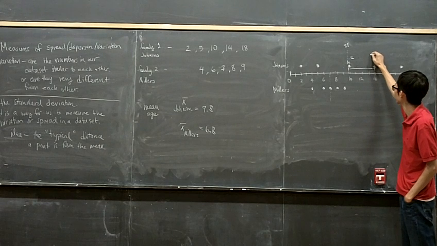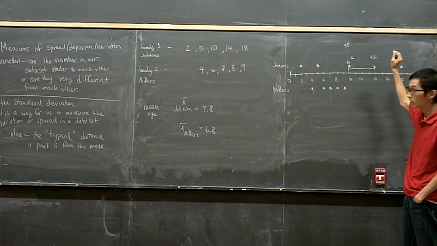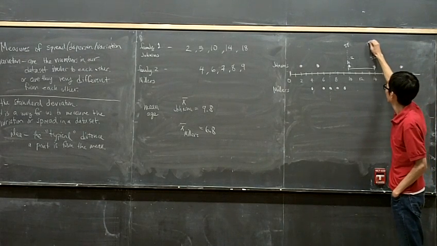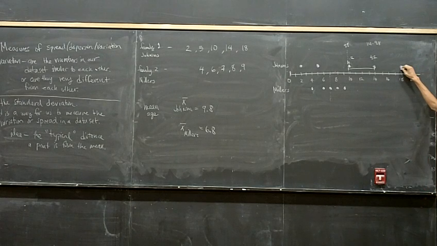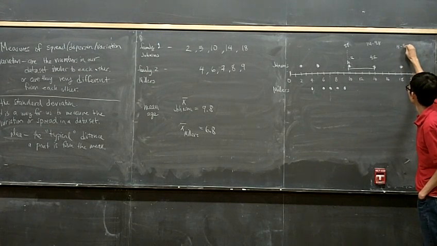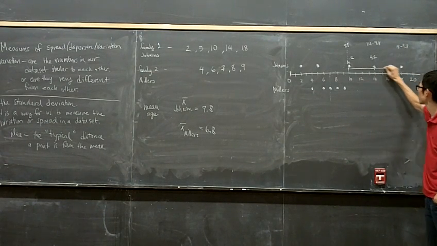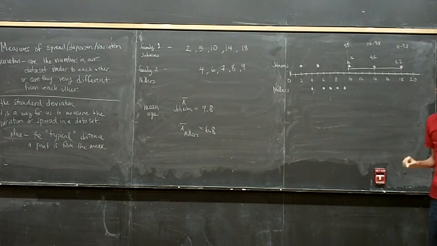How did I get 4.2? I did 14 minus 9.8. Okay, and how far is this child from average? 8.2, right? I do 18 minus 9.8, and this person is 8.2 away.